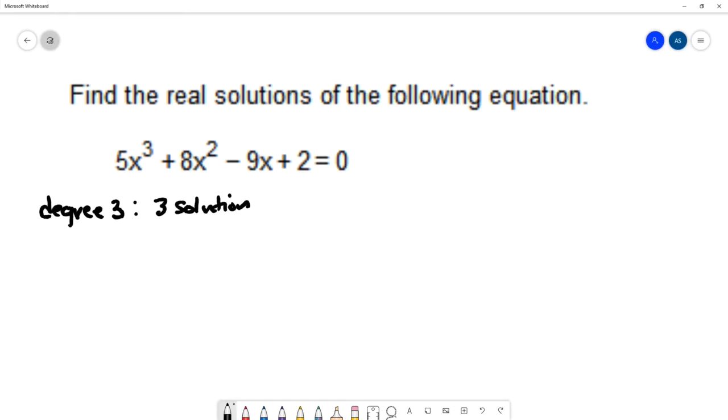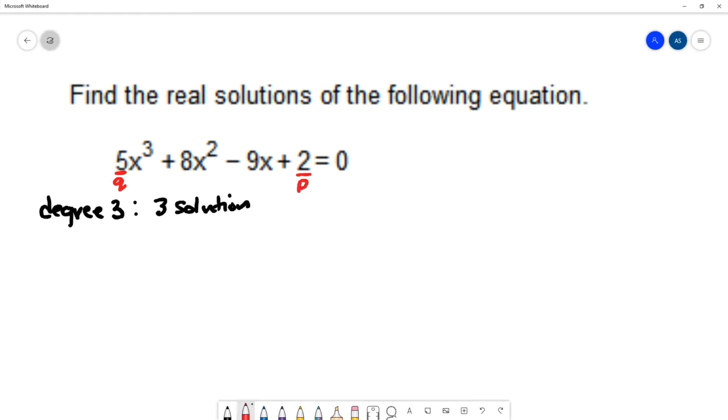I'm also going to be able to use the rational root test to find any possible rational zeros of the polynomial equation. So with the rational root test, I'm going to be looking at our leading coefficient of 5, and that's going to be the value of q, and our constant term, which is going to be p.